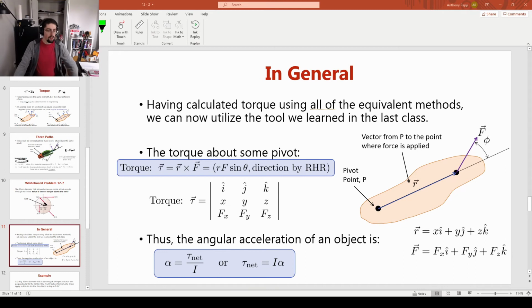And once we have a net torque acting on our object, just as it was with force, if we divide the torque by the moment of inertia, we get the angular acceleration, right? This is identical to Newton's second law, but for rotation rather than linear dynamics.